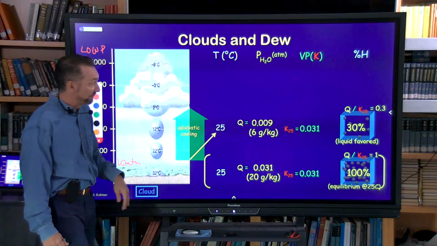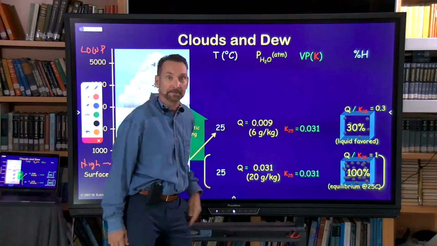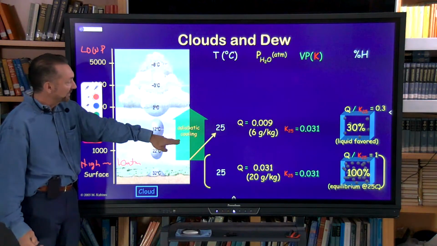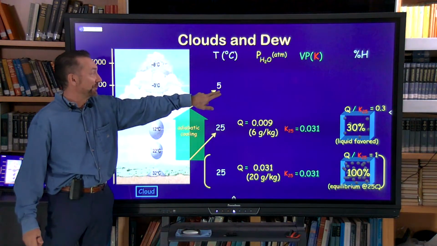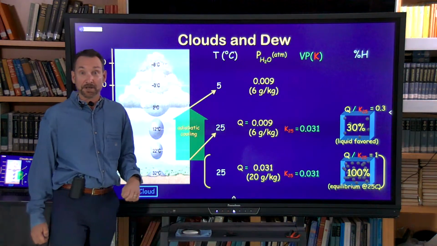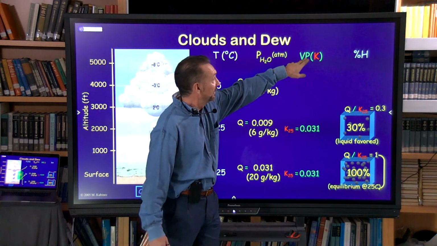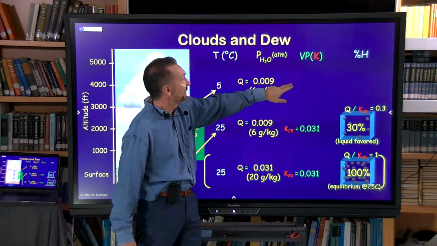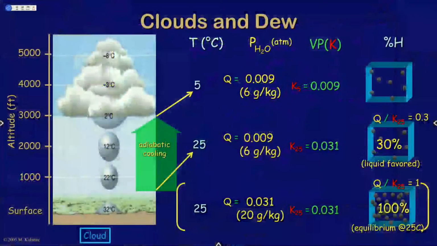And we're going to see that clouds form. And why is that? If this gas rose up, it's 30% humidity. If that gas rose up and experienced that adiabatic cooling until the temperature dropped to around 5 degrees Celsius, and we still have this amount of water in our system per kilogram, when we get up to 5 degrees C, the vapor pressure, K, is 0.09, 9 thousandths of an atmosphere. So when we get up there, Q and K are equal.